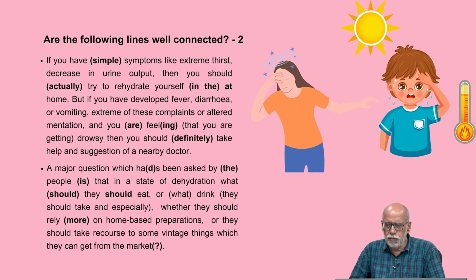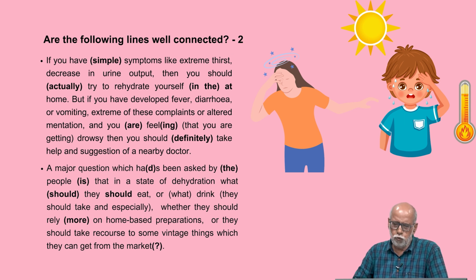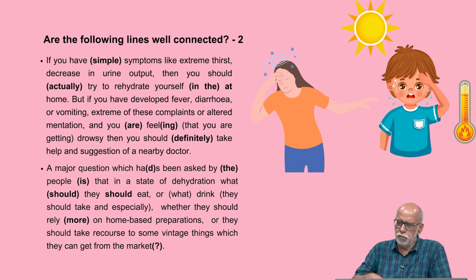But "if you have developed fever": developed is not wrong, but it would have been best if you had said, "if you have got fever, diarrhea or vomiting, the extreme of these complaints." Or in the first part itself you could have said, "if you have high fever, diarrhea or vomiting."